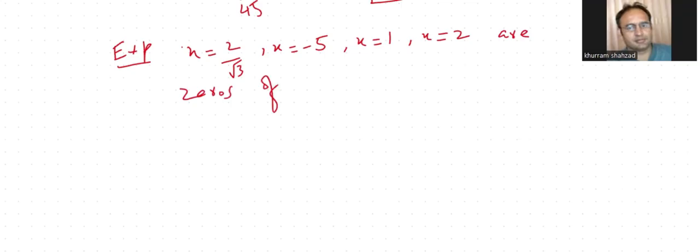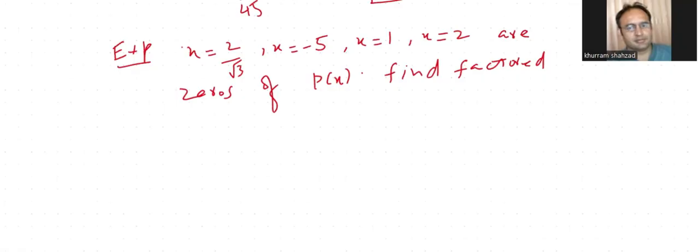Then write or find the factored form of p of x. We have to write the factored form of this polynomial, or just find polynomial p of x.